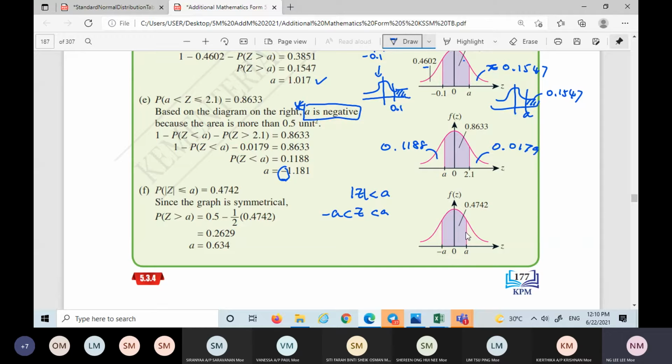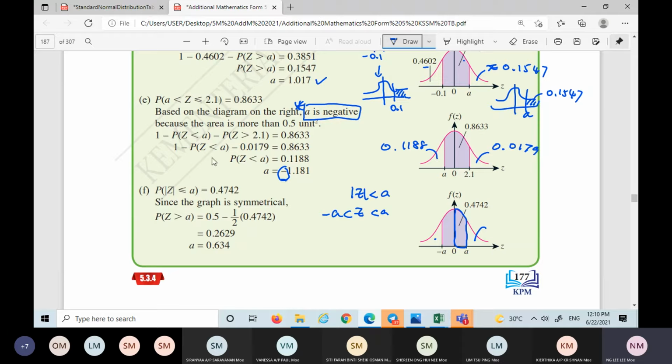So they are symmetry. So this and this are also the same size. So this one I can cut into half, the 4742. Then I know the area for this. After that I use 0.5 minus this. Then I will get this area, which is the right tail.